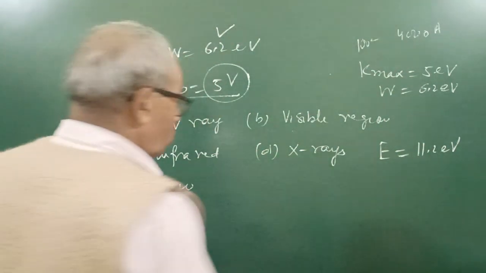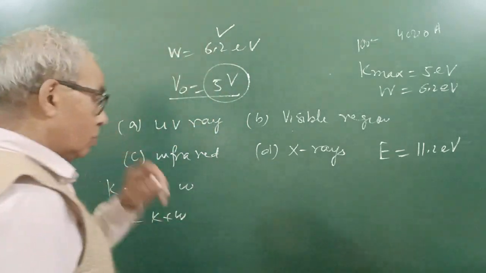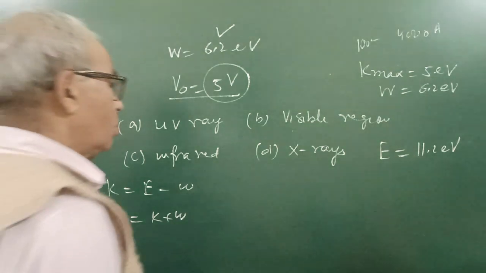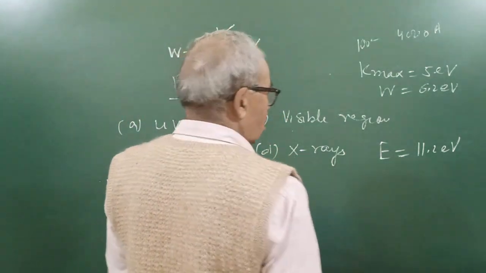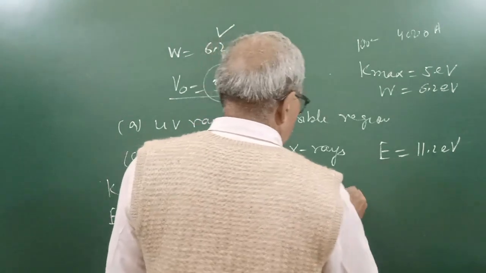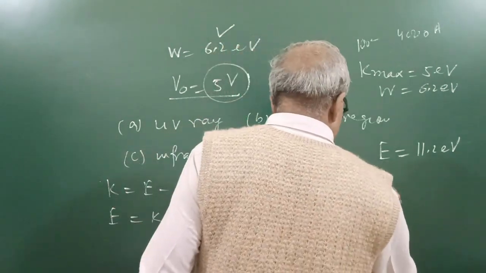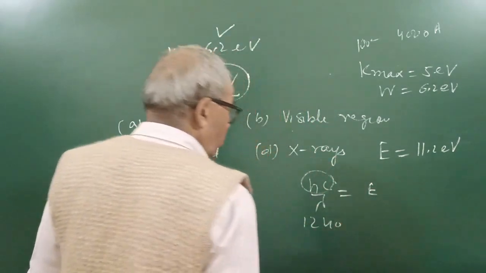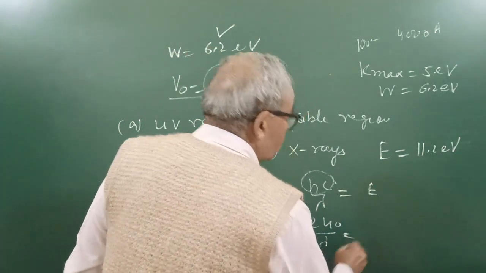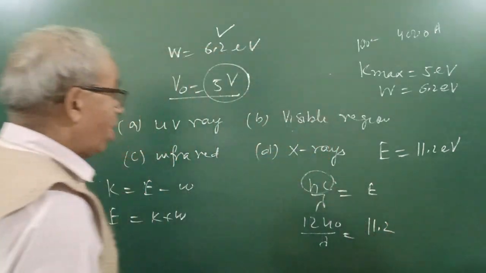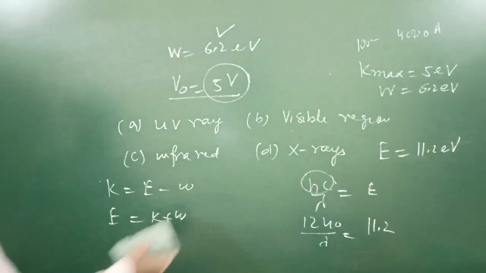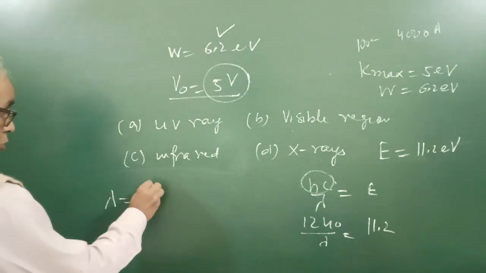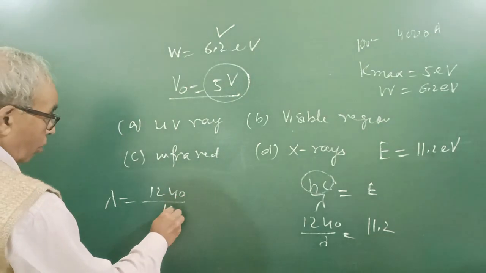Just now I told you hc upon lambda equal to E, and hc is 1240 upon lambda equal to 11.2. So what is lambda from here? That will come out in nanometer. Lambda equal to 1240 upon 11.2.